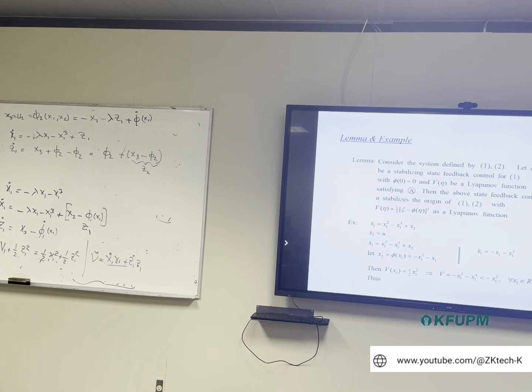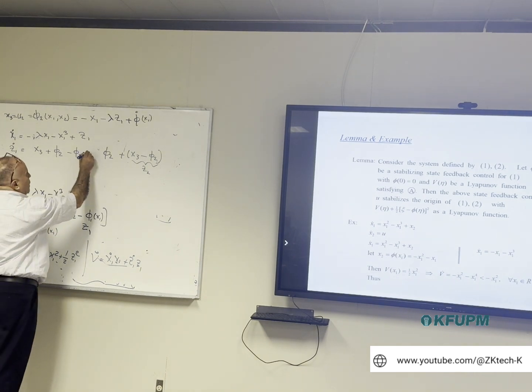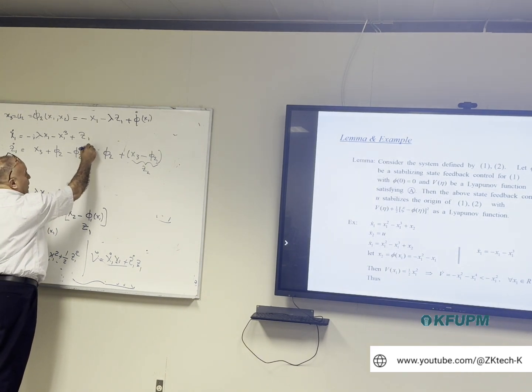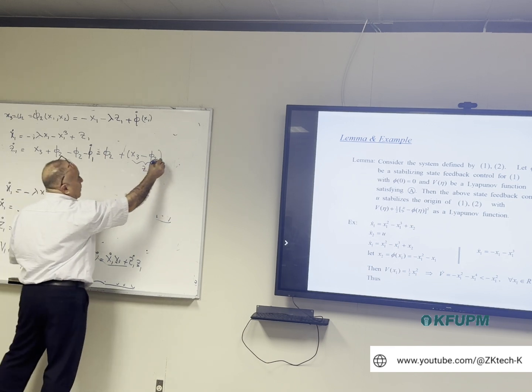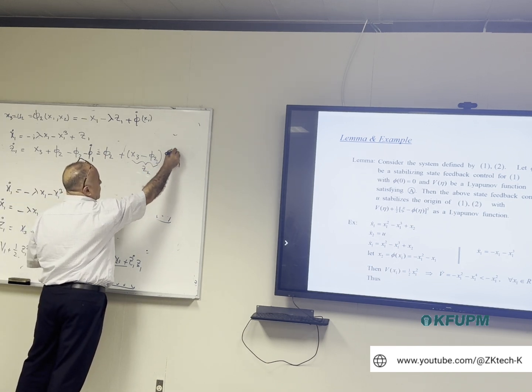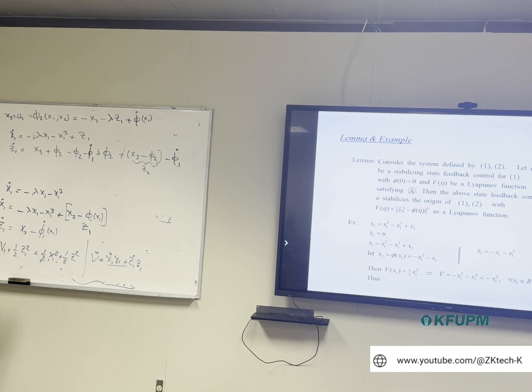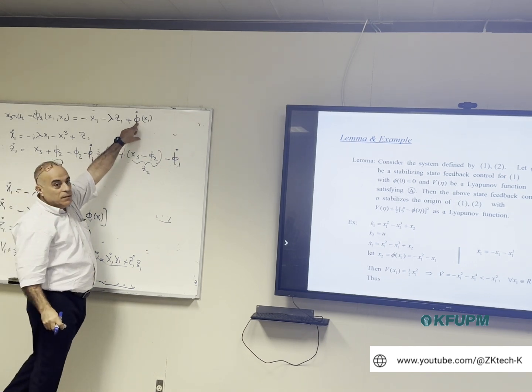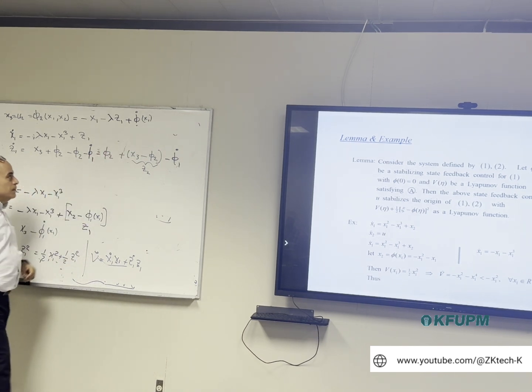So we have minus phi 1 prime, in fact, because we are going to cancel this term that we have in the equation. So this is your value of z2.